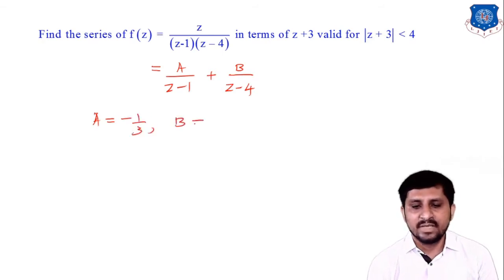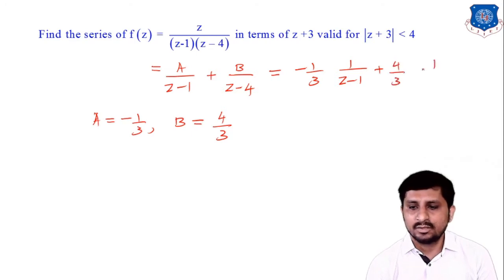The value of b is 4 / (4 - 1) = 4/3. So f(z) = -1/3 times 1/(z - 1) + 4/3 times 1/(z - 4).